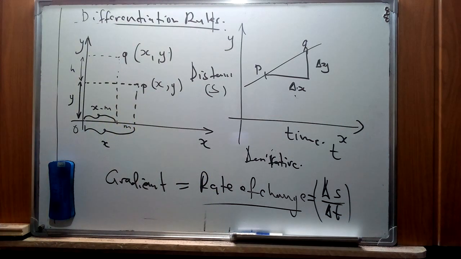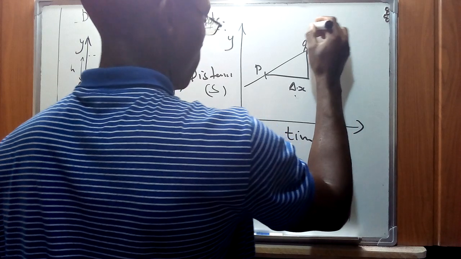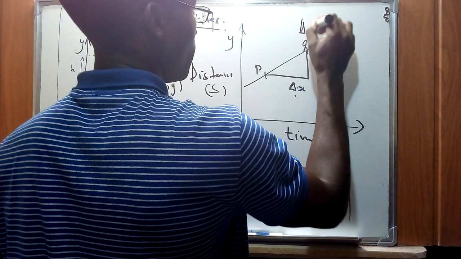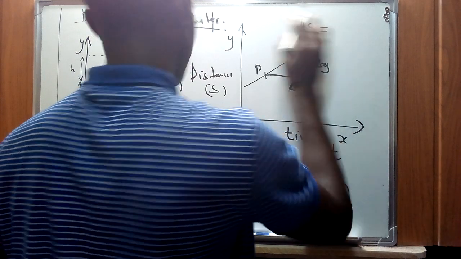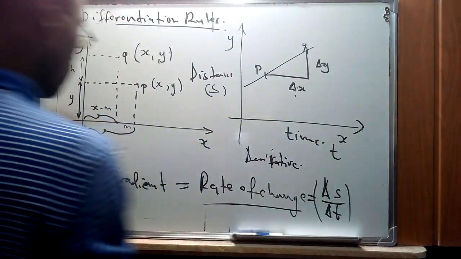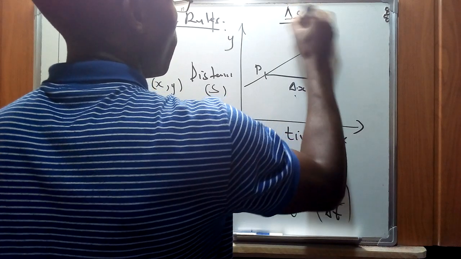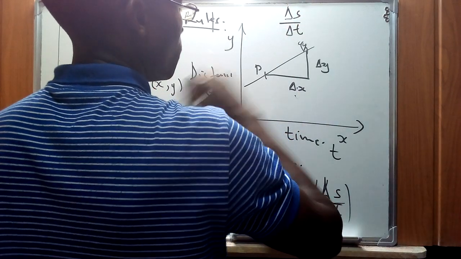So sometimes we are going to write it as the change in s over change in t. Okay, just give it some space somewhere. So this is Q.